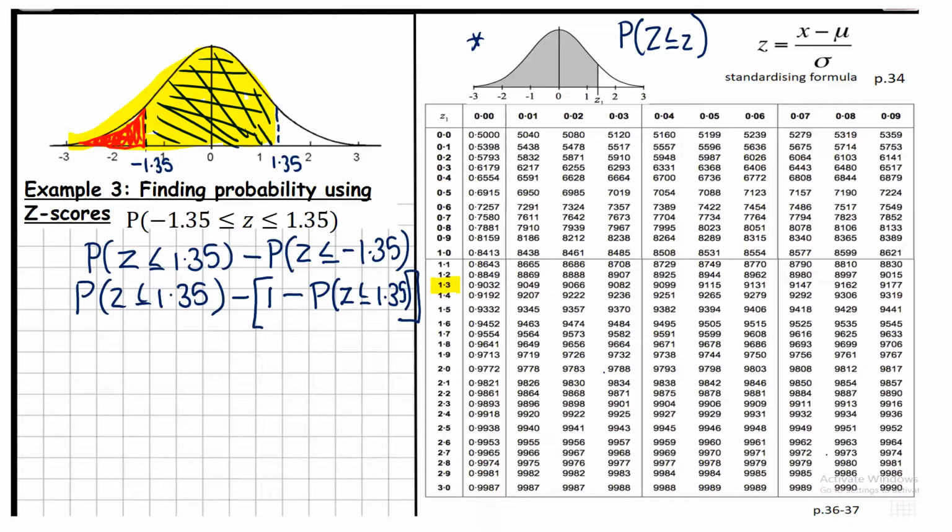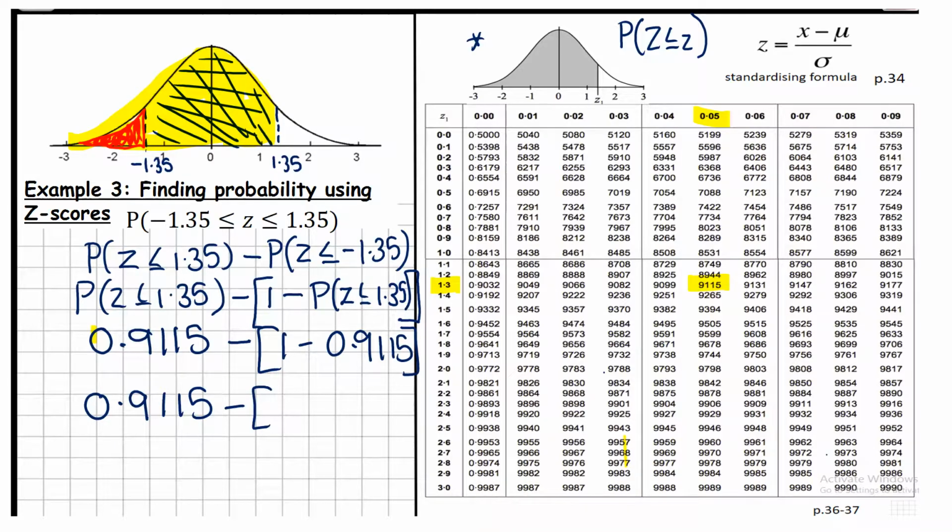So 1.35, which is 9115. So we have 0.9115 minus 1 minus 0.9115, which is 0.9115 minus 0.0885, and that gives us 0.823, which is equal to 82.3%.